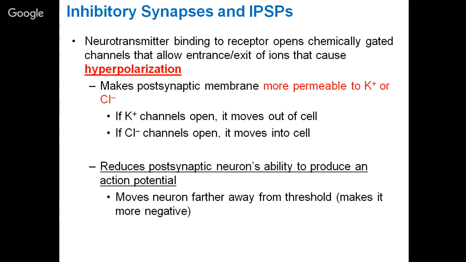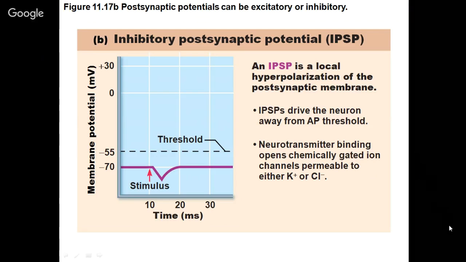In the inhibitory synapses, the hyperpolarization reduces the postsynaptic neuron's ability to produce an action potential, and it moves further away from the action potential. You should see the electrical stimuli here.